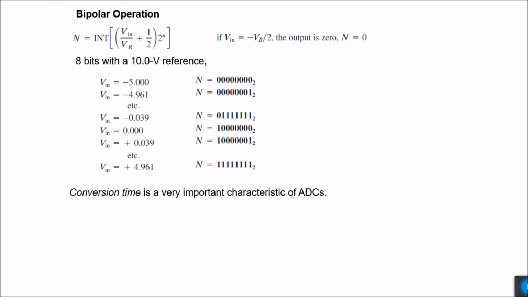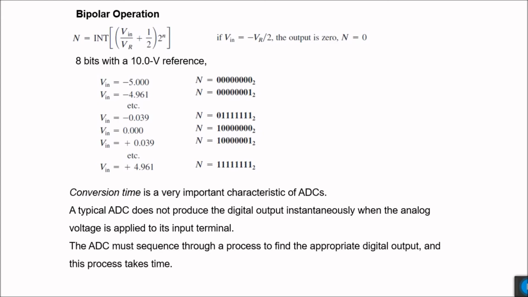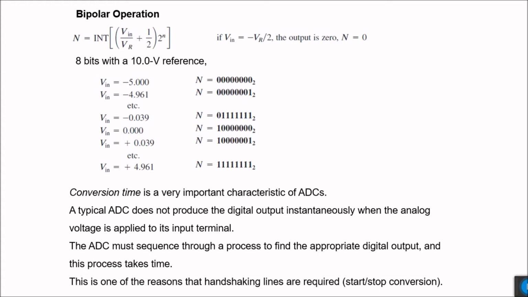But in case of ADCs, there is a conversion time. A typical ADC does not produce the digital output instantaneously when the analog voltage is applied to its input terminal, because the ADC must sequence through a process to find the appropriate digital output, and this process takes time.